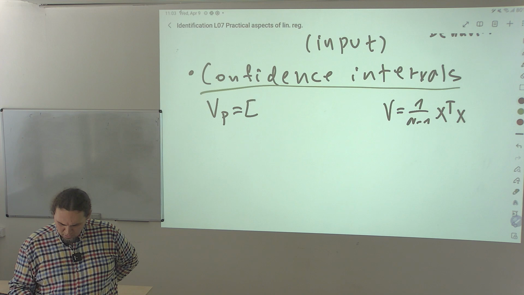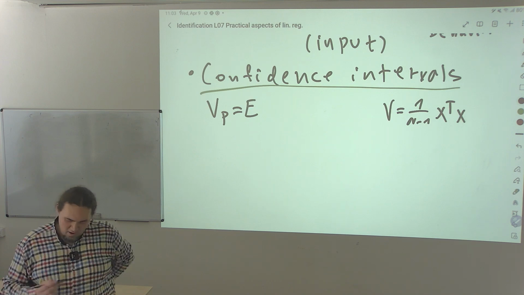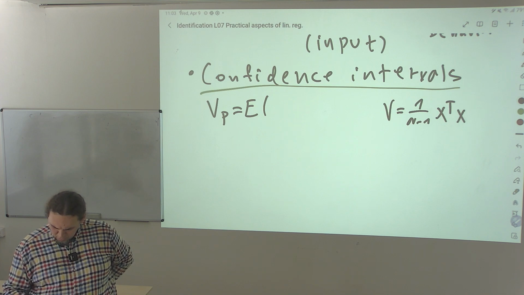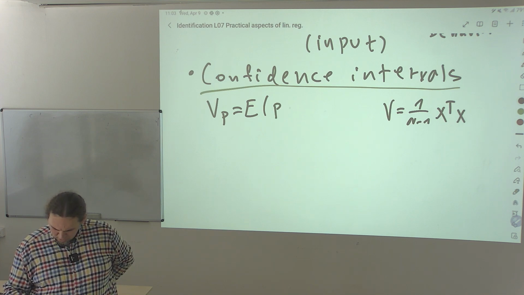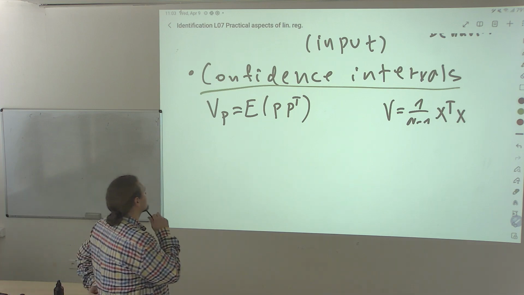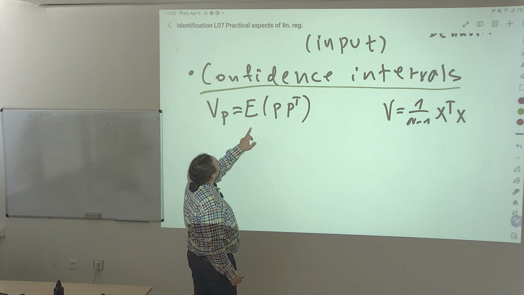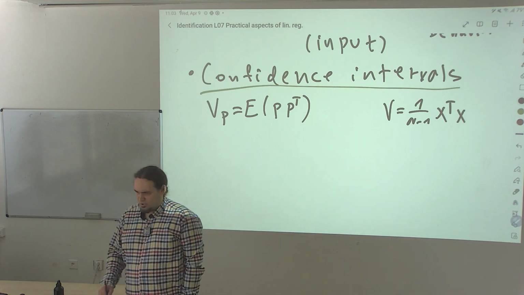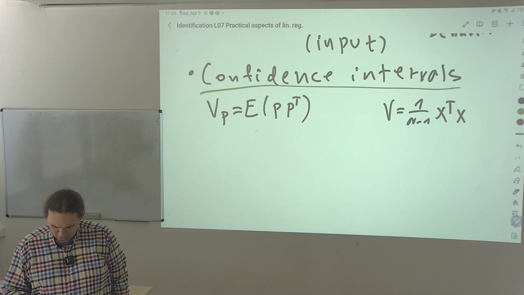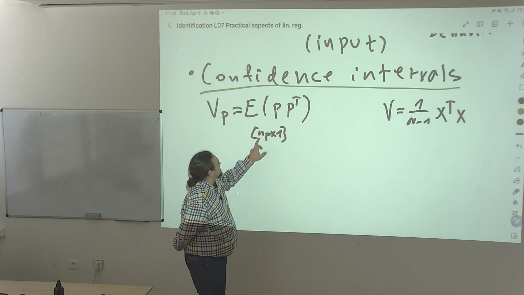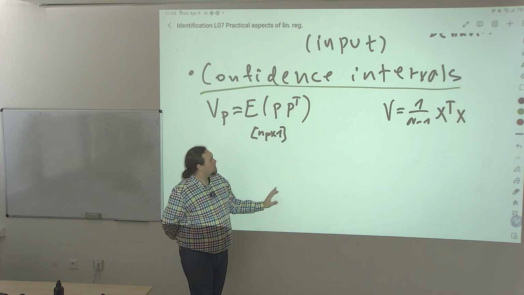So we want to do the average, this expected value we already used. Does this work? Yes, because this should be the matrix. So P times P transpose should give us a matrix. Our vector P is MP times 1, the column vector.